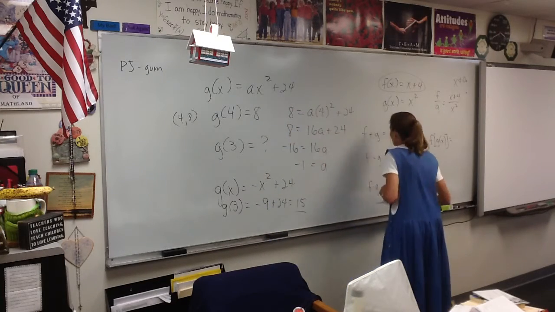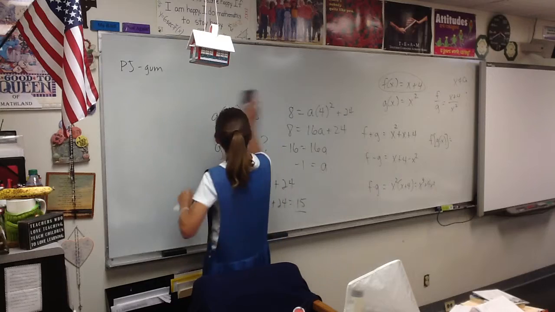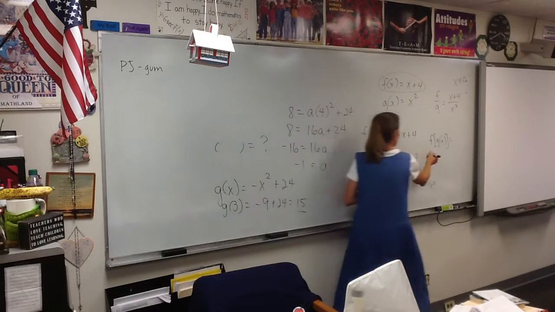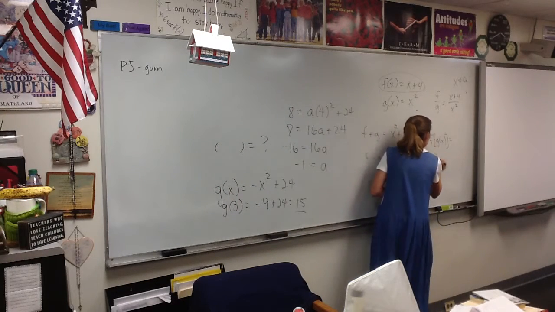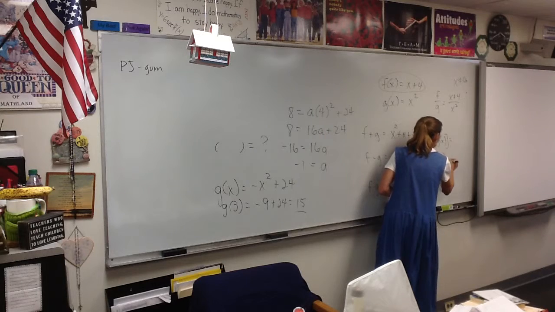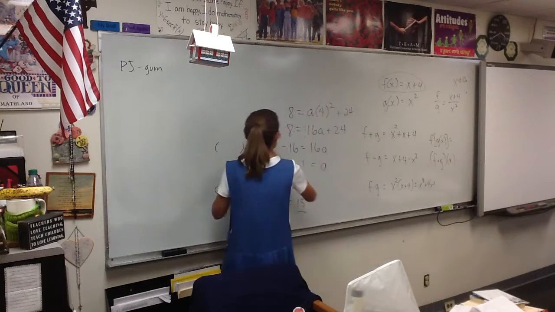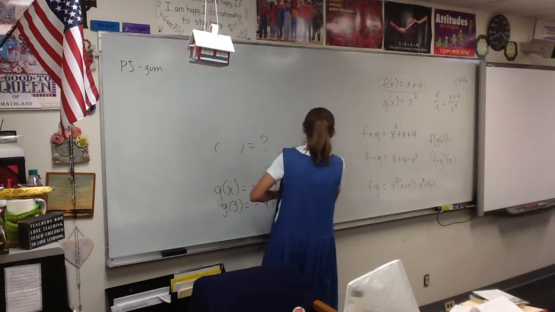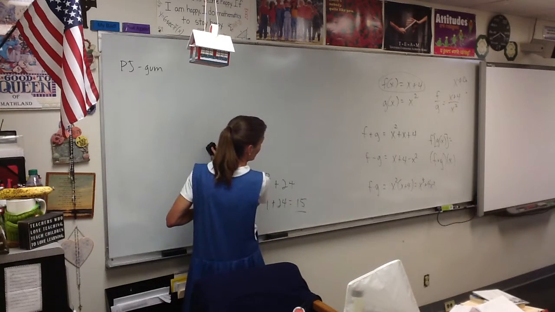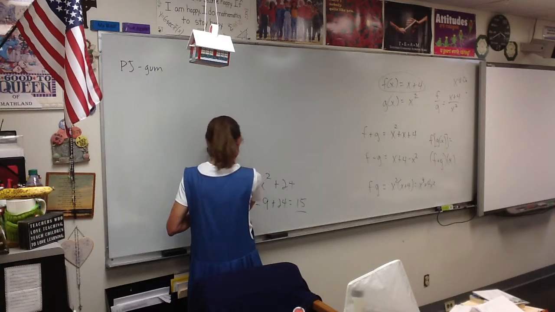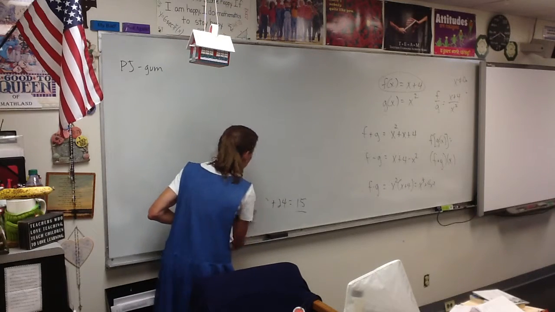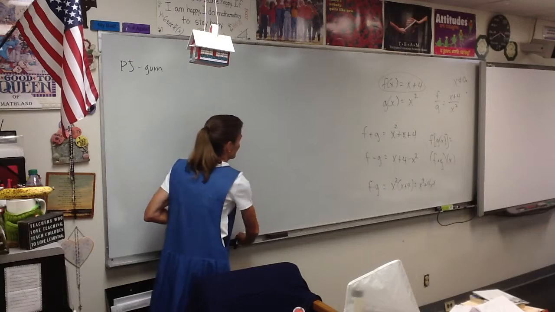Composition. Does anybody remember how we say this? And by the way, you may have seen it with a little open circle there. It's the same thing, different notations for the same thing. Anybody remember how to say it? F of g of x, not fog. I mean, you can think fog, but don't say fog.